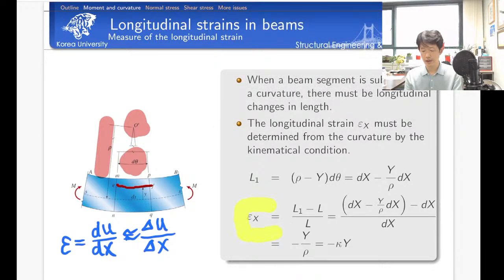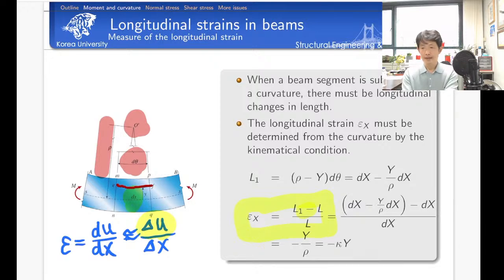So the strain in the x direction is given by the initial length dx in the denominator, and in the numerator we need to consider the change of displacement, that is, the length change. After deformation the length is L1, and the initial length is L. Let's check one by one.